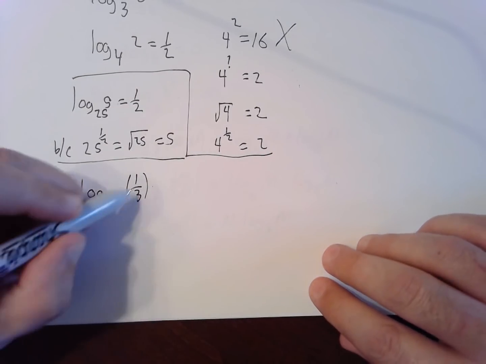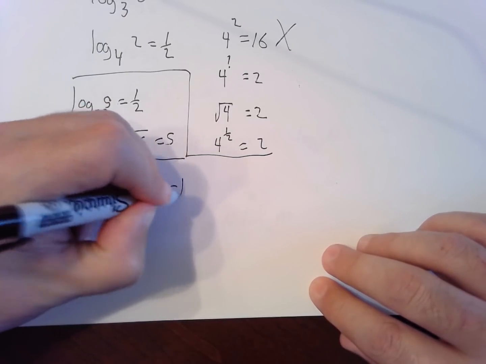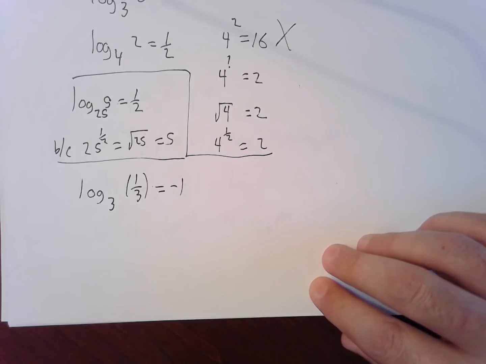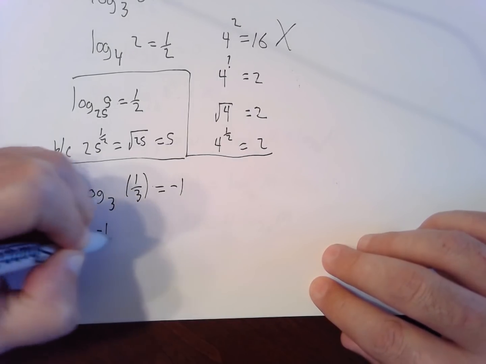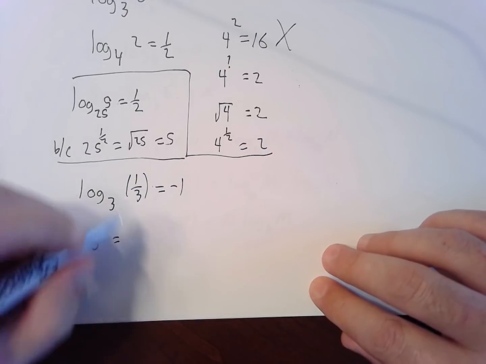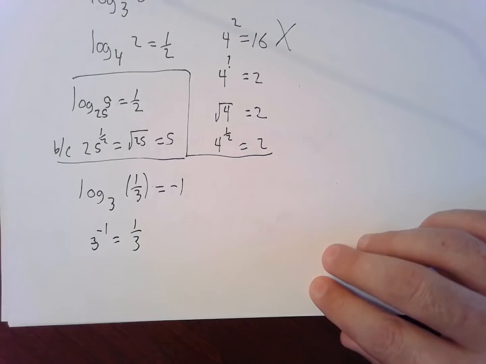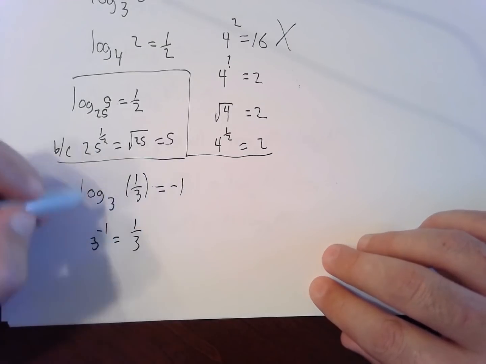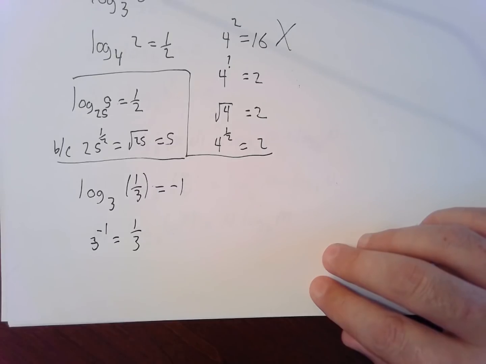What power would I put on 3 to get 1/3? That's -1. What? Yes, 3 to the -1 power. Negative exponent just means flip it over. That's 1/3. Here's log form. This is exponential form. These two things say exactly the same thing. But wait a minute, you just said logs can't be negative.